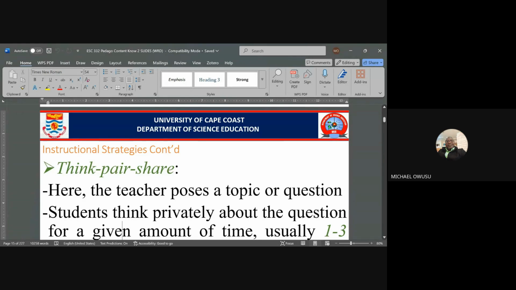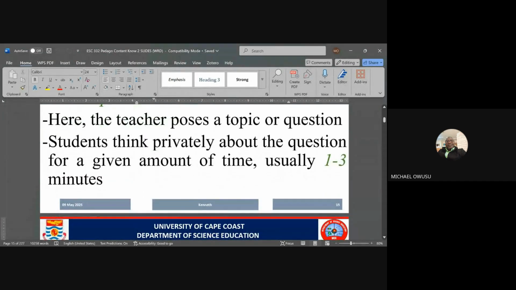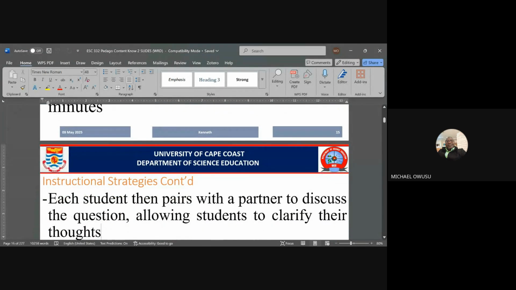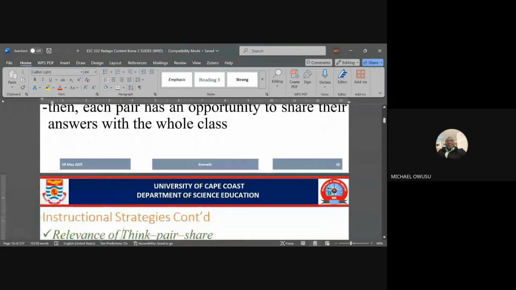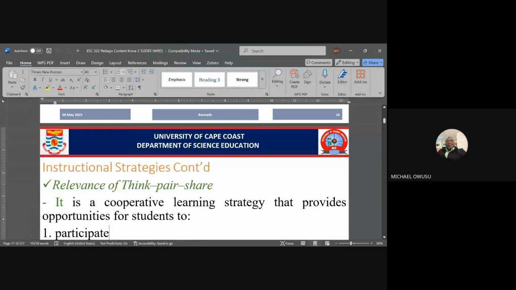Then after thinking about it, you let them come together in pairs, two or whatever. Then after everything, you call them: now let's hear what you have. And they share with the entire class. That is think, pair, share. That's a very good thing. I think it's a very good strategy that we can do.